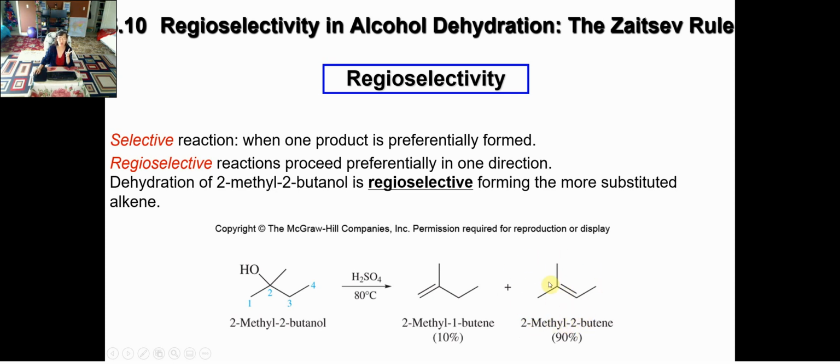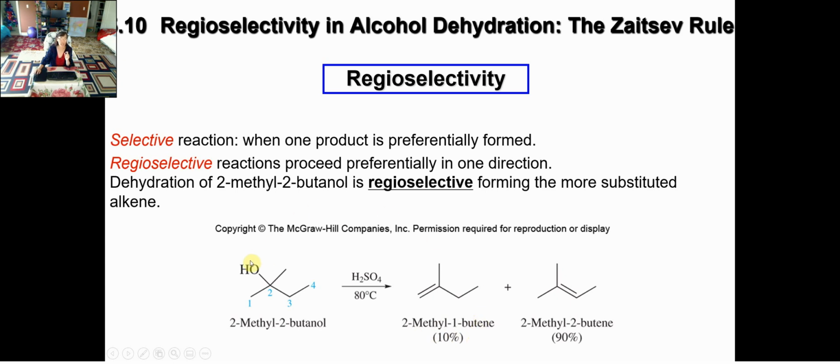This molecule has more substituents. Therefore, this molecule is more favorable. If the hydrogen on carbon 1, your primary hydrogen, and your OH are going to be removed, you form a 1,2 double bond. In this case, you have 2-methyl 1-butene. This 1-butene is less favorable.